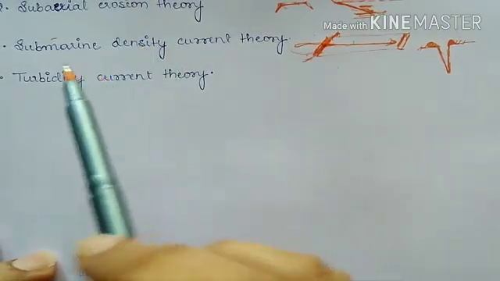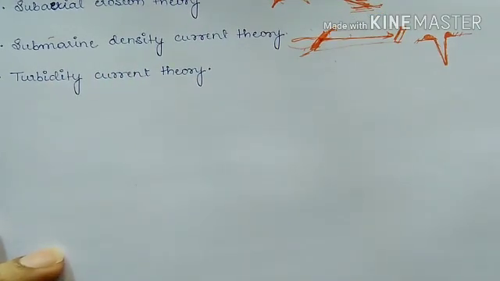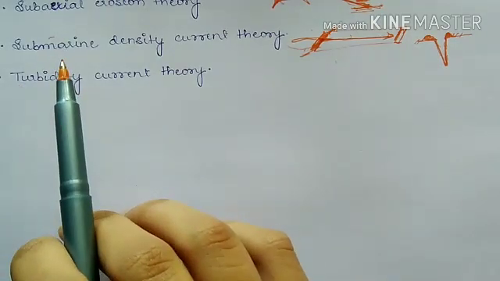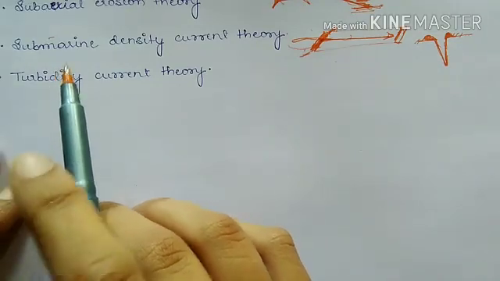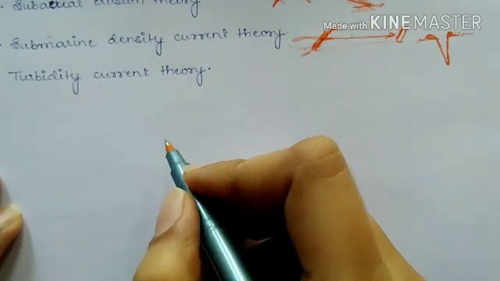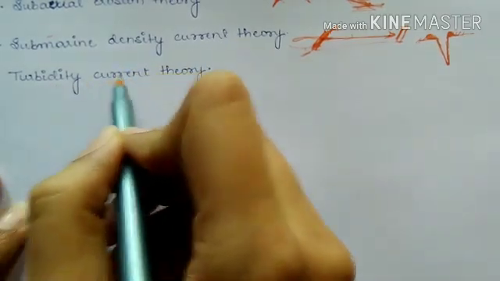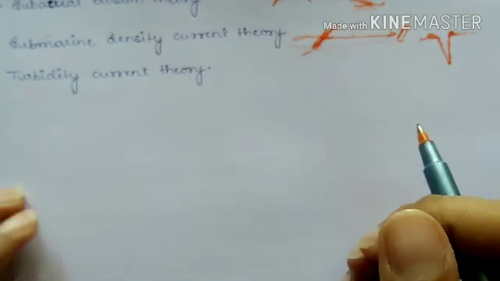Lastly, we have the turbidity current theory. Here we have turbidity currents having fine materials in suspension, which are held responsible by several exponents for the origin of submarine canyons in one way or the other.